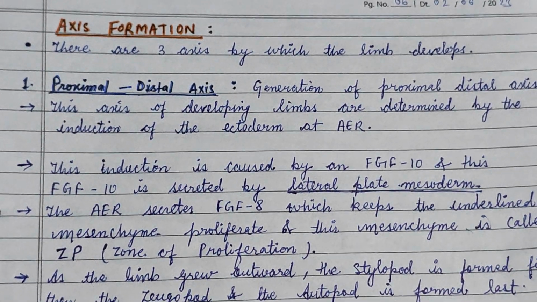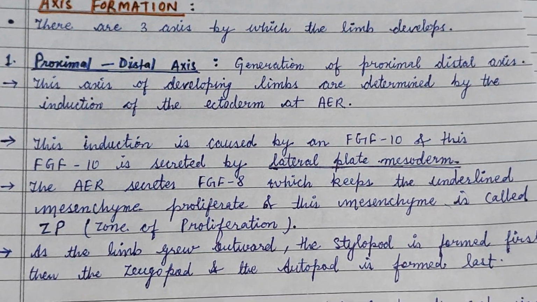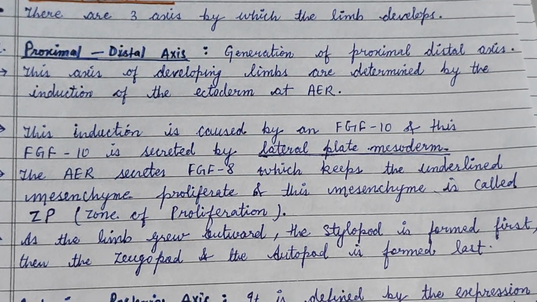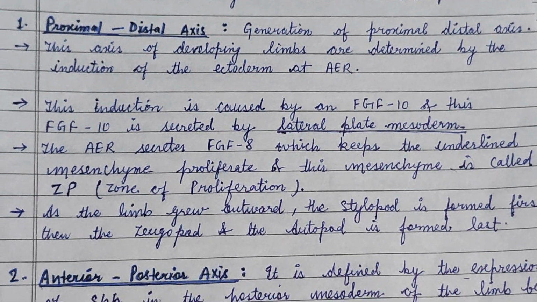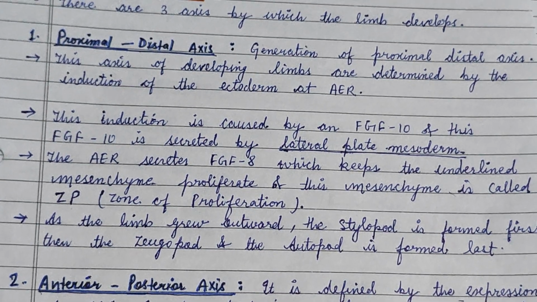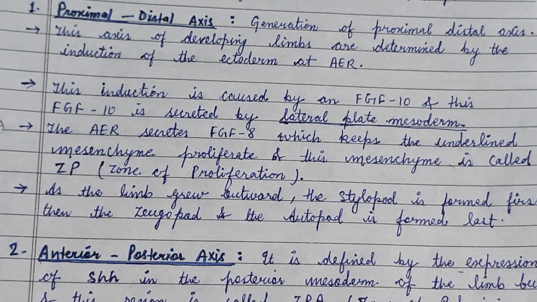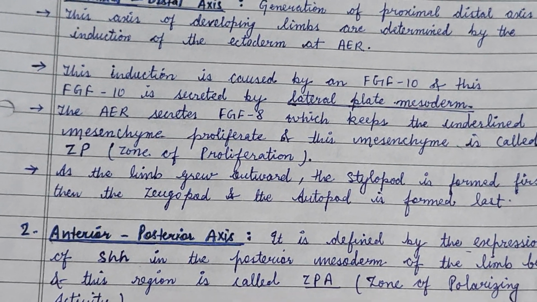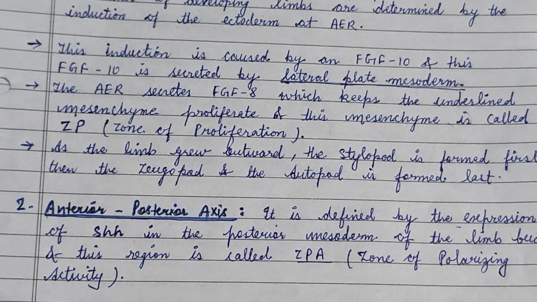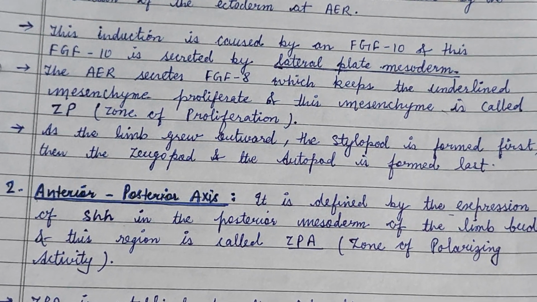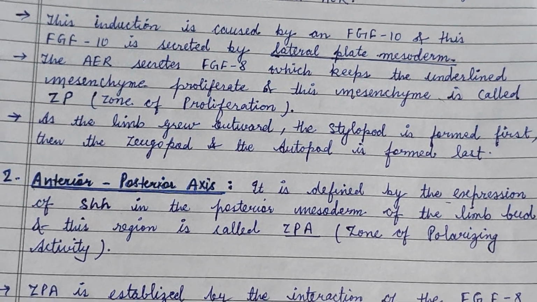Axis formation. There are three types of axes: the proximal distal axis, the anterior posterior axis, and the dorsoventral axis. The proximal distal axis of the developing limb is determined by the apical ectodermal ridge, the AER, and it is caused by FGF10, which is secreted by the lateral plate mesoderm.